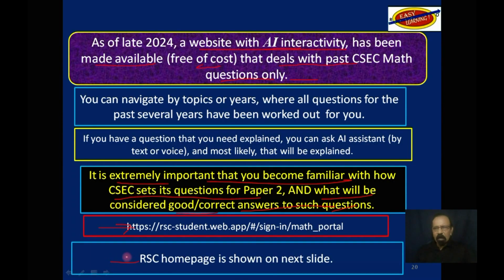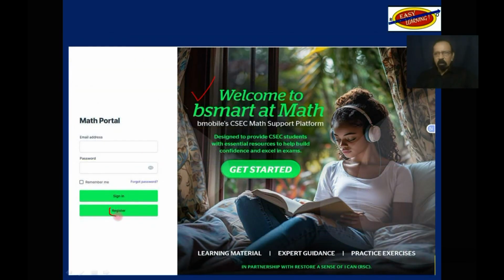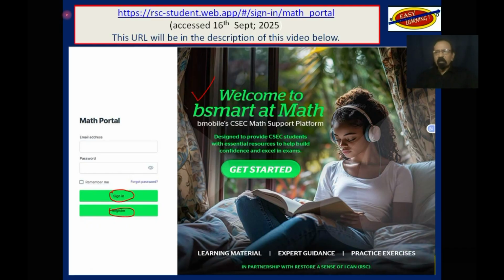On the next slide, I will show you what the home page of that website looks like, which is this. You will register first and then sign in. But as I said, it is free. This is that URL again. I will include that URL in the description of this video below so that you can easily click on it and be redirected to this website.